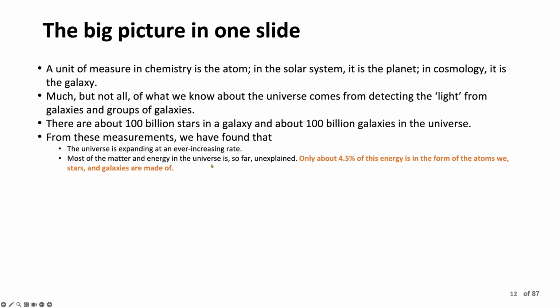Most of the matter and energy is unexplained. The part that we are familiar with, namely the atoms that make up our planet and our bodies, only represents about 4.5% of the energy in the universe. The other 95% is unexplained.